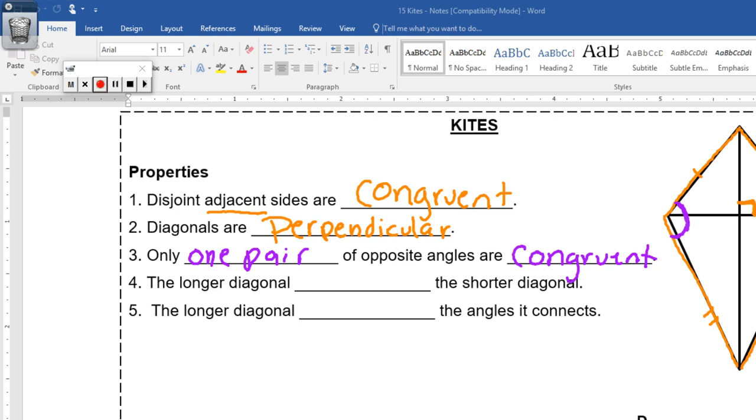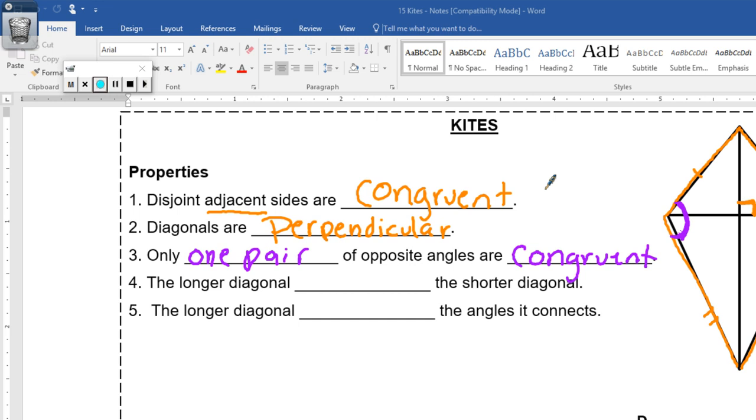They're going to be equal to each other. Now, just because they're equal to each other, and if you guys look at the diagonal right here, the small diagonal is cutting the angles. Because they're equal, the top part is going to be equal to the top part. The bottom part is going to be equal to the bottom part.